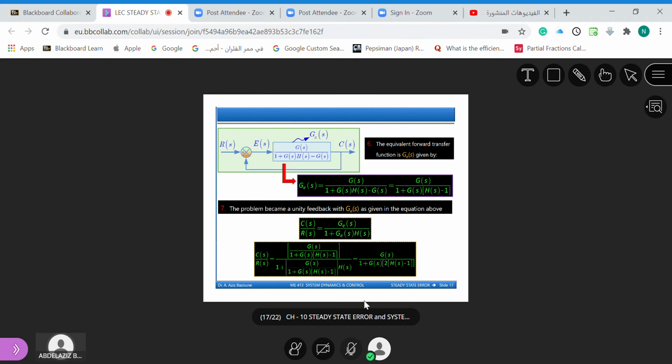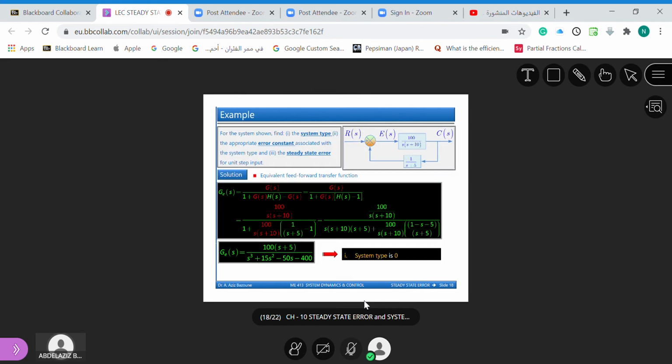Now, if you want the overall transfer function, it will be C of S over R of S, G equivalent over 1 plus G equivalent times H of S. At the end of the day, the overall transfer function will be G of S over 1 plus G of S times H of S minus 1.